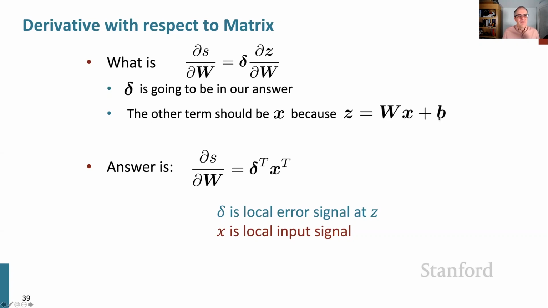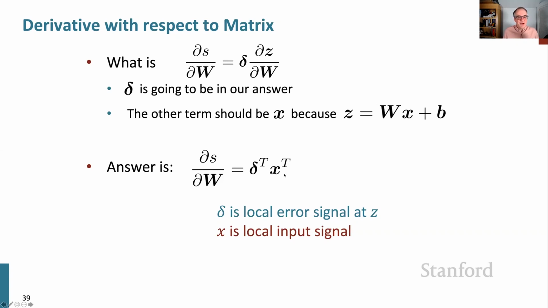Since Z equals Wx plus b, you'd expect that the answer should be x. And that's right. So the answer to dS/dW is going to be delta transpose times x transpose. The form we're getting for this derivative is the product of the local error signal that comes from above, versus what we calculate from the local input, x.